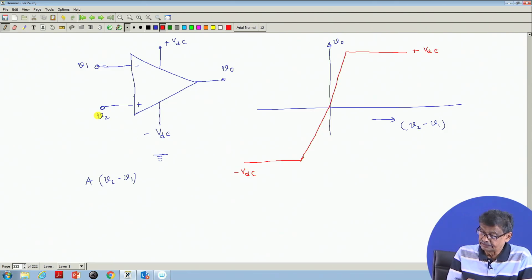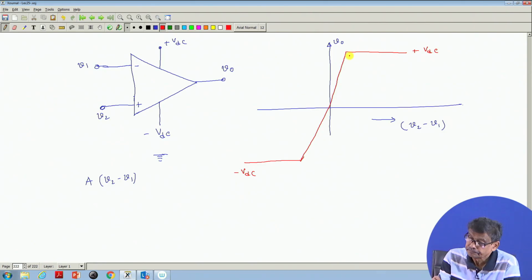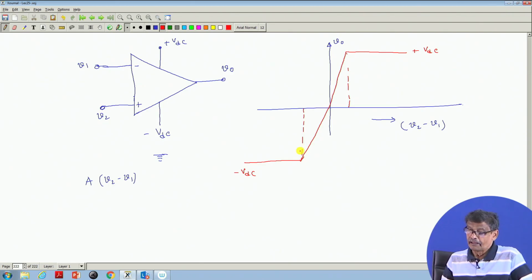What is VDC? This one. This is the output voltage. Now, what is the gain? I told you the gain is infinitely large.